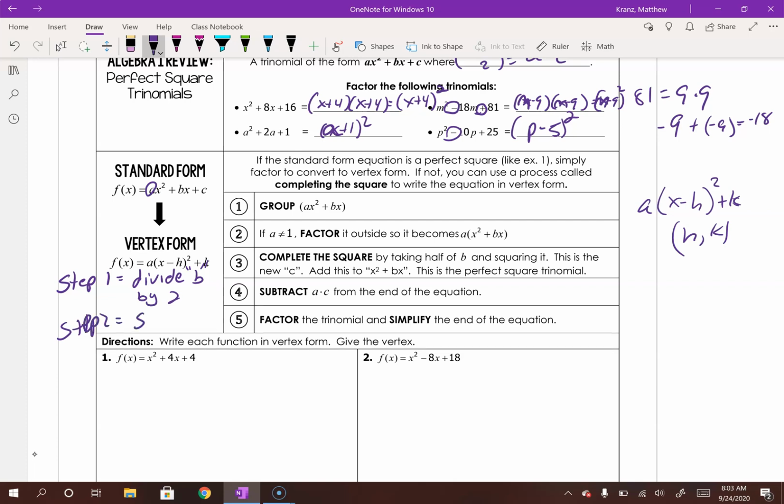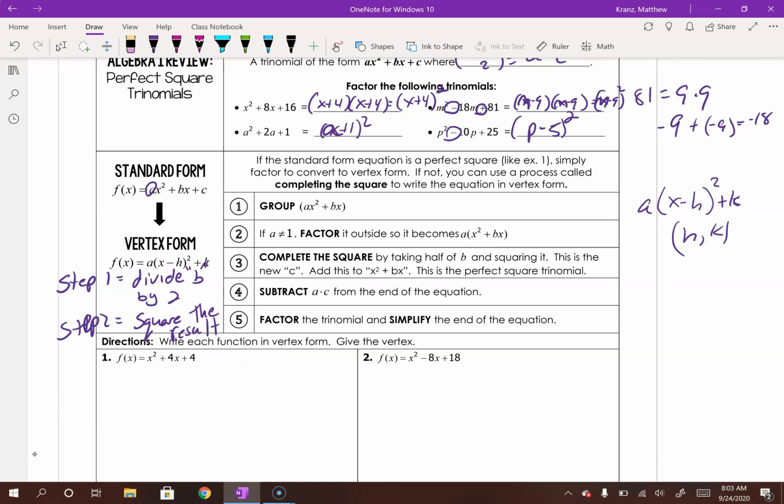Step 2: square the result. Whatever number you get, you're going to square it. Step 3: add it to both sides. So those are your steps. Step 1, divide b by 2. Step 2, square that number. And step 3, add it to both sides.